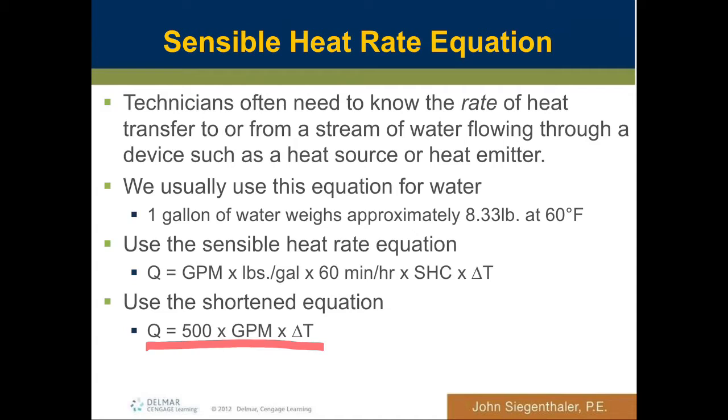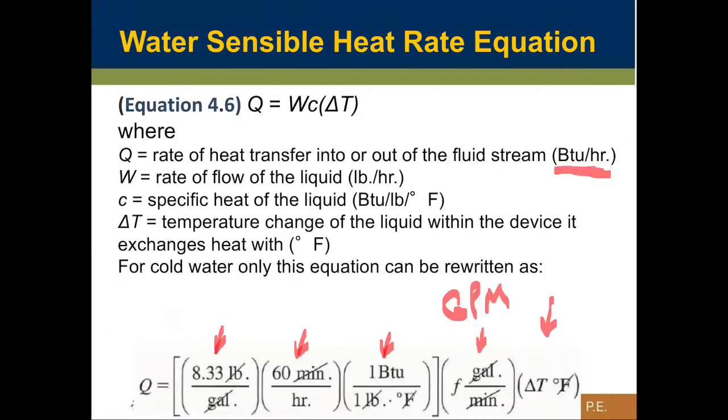Now I can use that equation in any situation where I want to know what I'm transferring for energy from point A to point B, whether it's BTUs per hour cooling or BTUs per hour heating. So this 500 is somewhat of a constant, but as you can see, it was derived based upon this part of it.